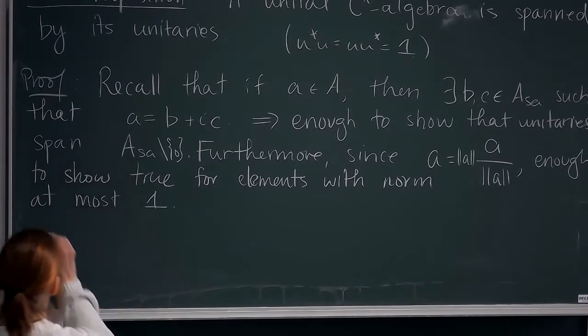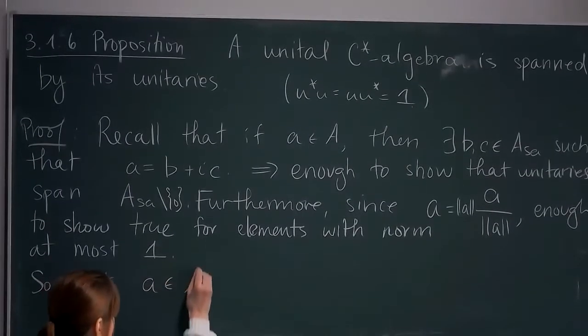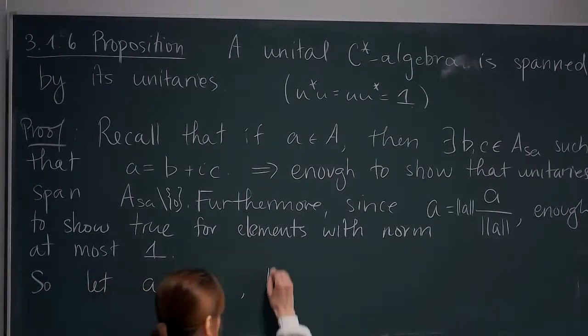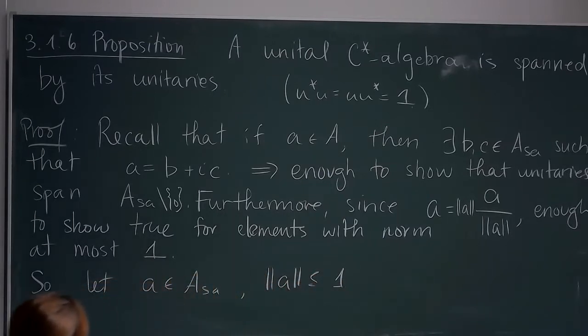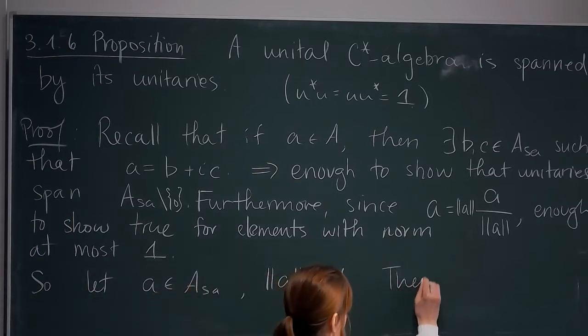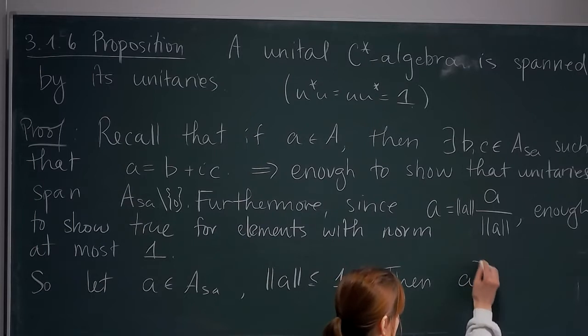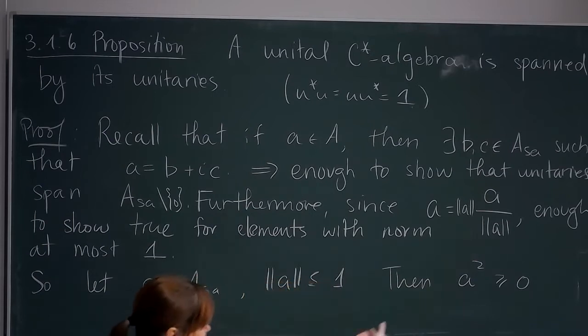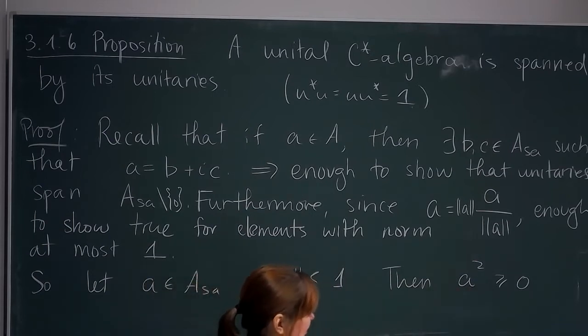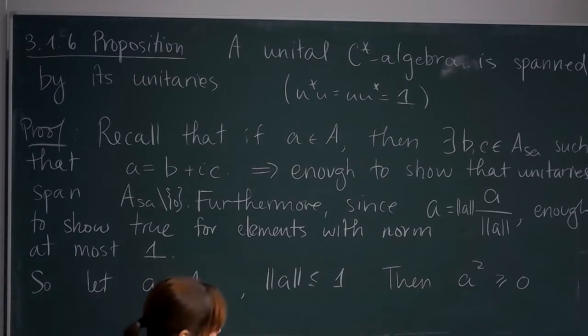Okay, so let A be such an element. Then A squared will be a positive element, since certainly it's still self-adjoint, and now we're taking squares, so the spectrum will now be in the positive reals.